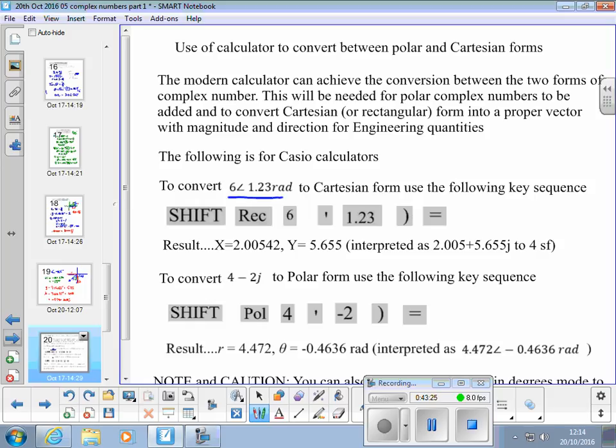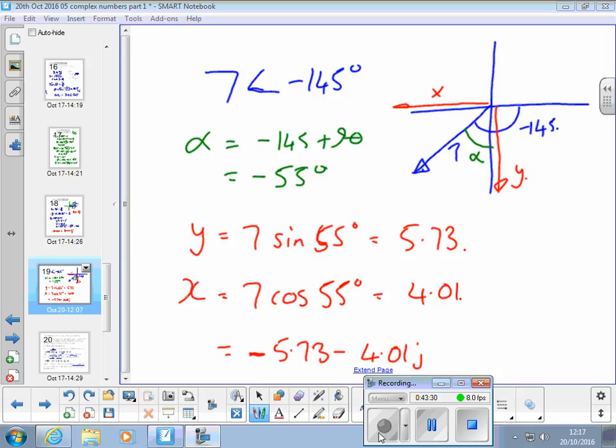Hang on. So we do shift, rectangular, 7, comma, -145. Close the brackets. We get an x of minus 5.734 and a y of minus 4.015.